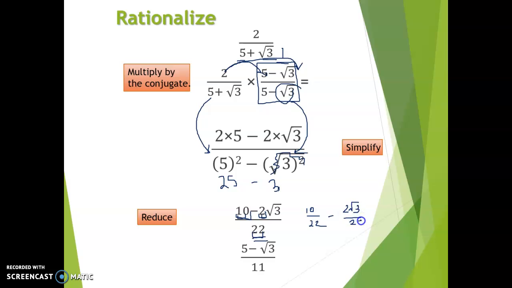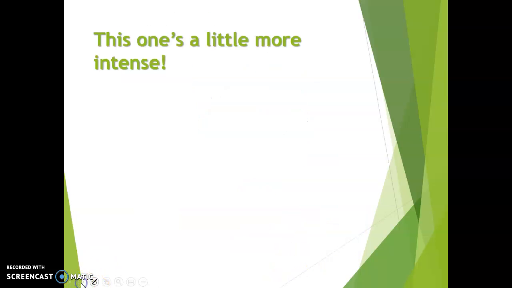We practiced this at the beginning of the year. 10 divided by 22 reduces to 5 over 11. And 2 root 3 over 22 reduces to 1 over 11. So minus root 3 over 11. And because they have the same denominator, we can put them back together in this form. 5 minus root 3 all over 11.